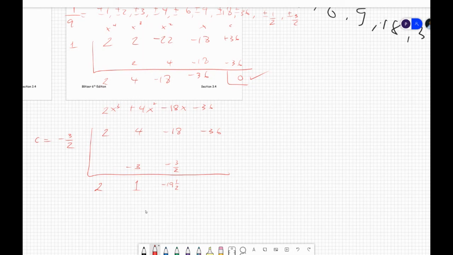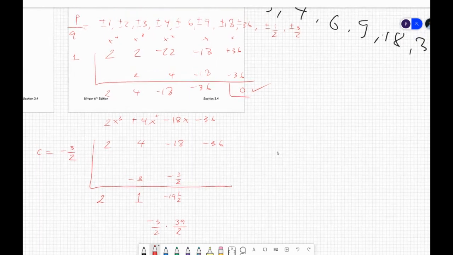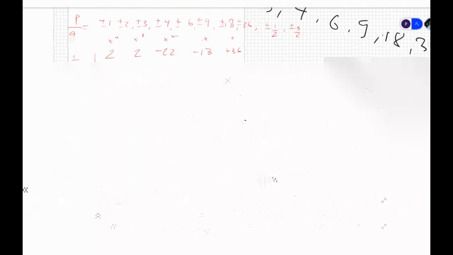I don't think we're going to have it though. 19 times 2 is 39/2. And I don't think that reduced correctly, so that's not it. Okay, so let's try some other numbers and see if we can reduce it down a little bit further.